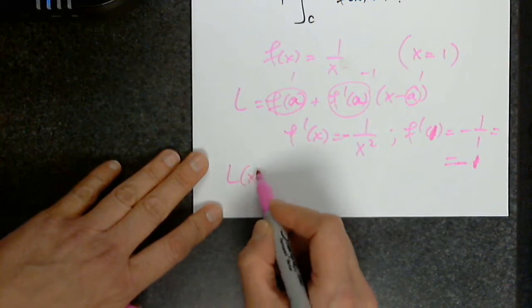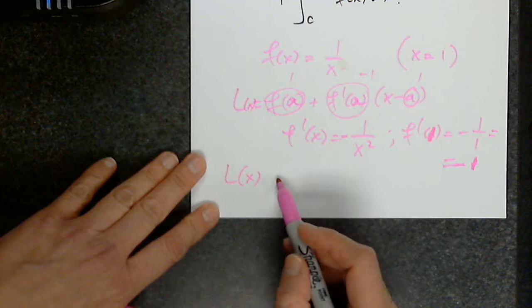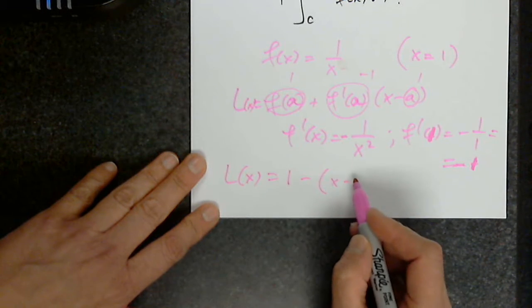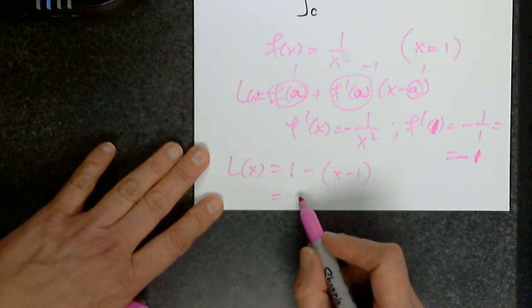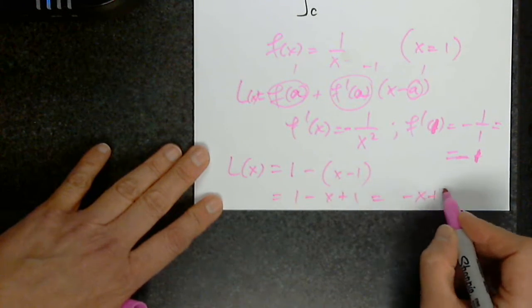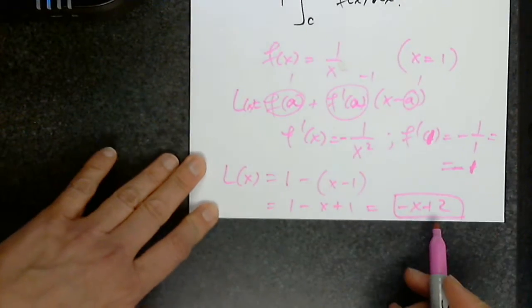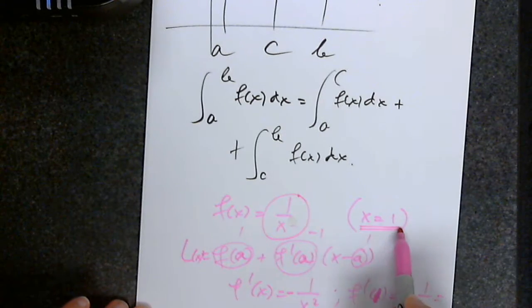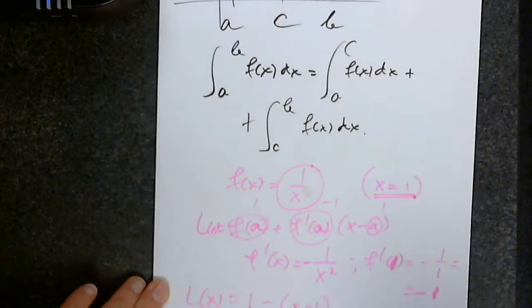So the linearization L of x, I can write, is 1 minus (x minus 1), or 1 minus x plus 1, so this will be negative x plus 2. This function approximates this function near, really near, x equals 1.